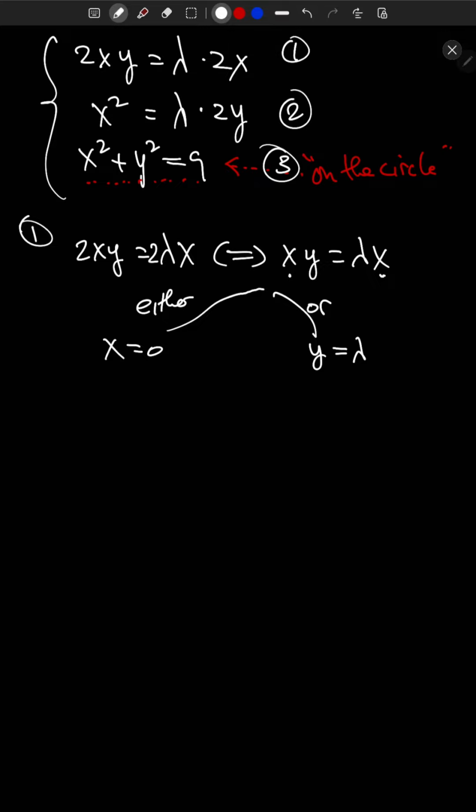Okay, so that's probably a good way to kind of reason this out. Okay, so just be careful. Whenever you divide by something on both sides, make sure you account for the fact that that thing might have been 0. And if that thing was 0, you were not allowed to divide. Okay, so that's why the either or, right? If x were 0, then we would not have been allowed to divide. But if it's not 0, then we can divide. And then we can conclude y equals lambda.